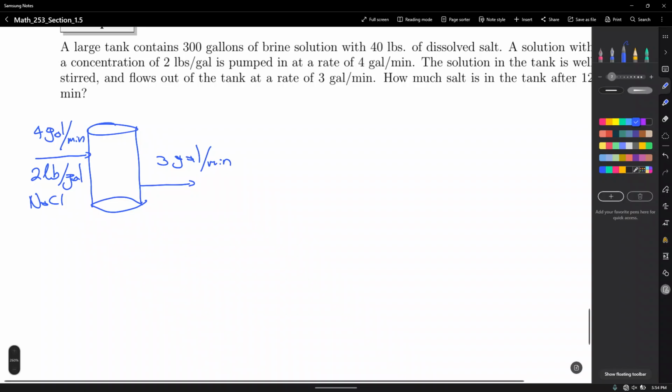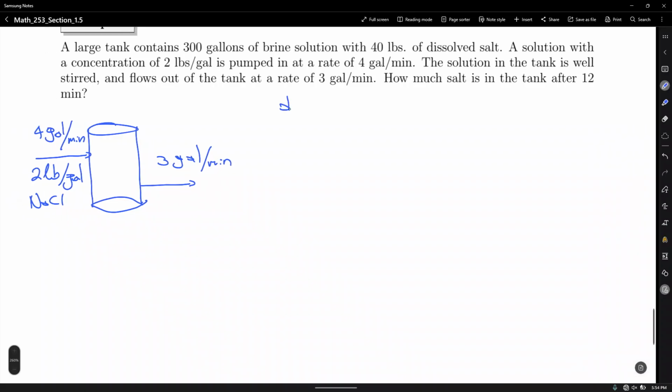Now, we want to investigate the net rate of change of the amount of salt with respect to time. And to do this, we will go based on rate in minus rate out. Because we're subtracting, we're looking at derivatives. Derivative of what comes in minus derivative of what comes out. All right?